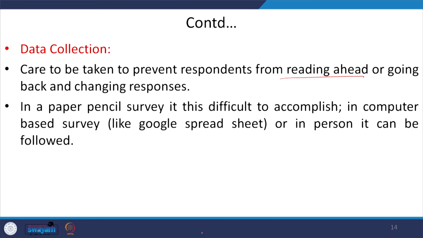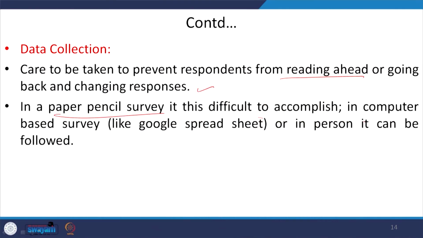However, this is very difficult in a paper pencil survey, because respondents directly write their responses corresponding to the questions posed, and they have the liberty to go back and forward in the questionnaire set.